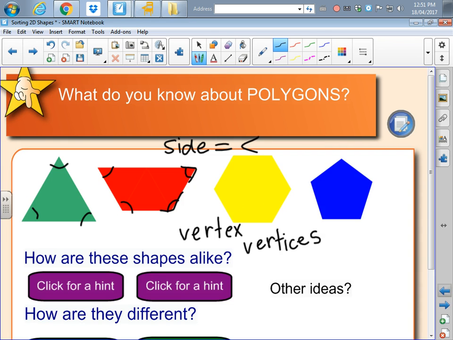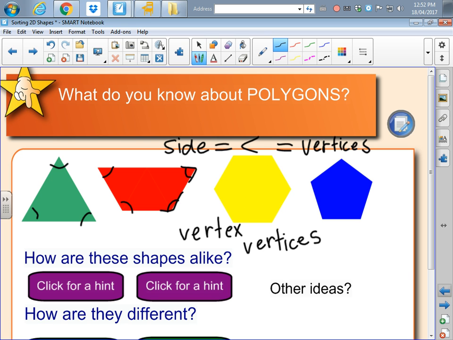What do you notice about the number of vertices, Jake? If it has 3 sides and 3 angles, how many vertices does it have? Jake? 3. If it has 5 sides, how many vertices does it have? 5. So the sides equal the angles equal the vertices.